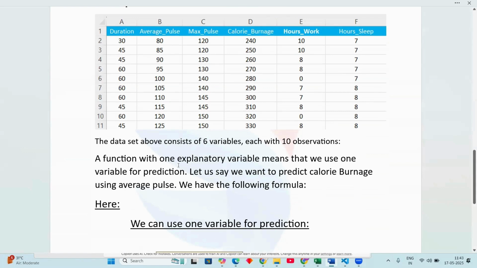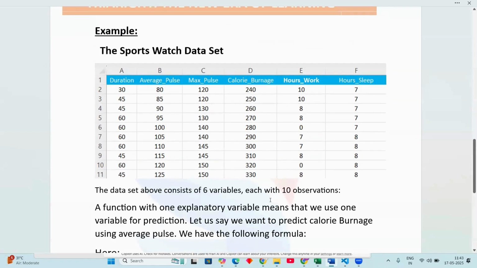A function with one explanatory variable means that we use one variable for prediction. Let us say we want to predict calorie burnage using average pulse. We want to calculate the calorie burnage according to the average pulse. If in the graph we have an average pulse of 80, how many calories does it burn?